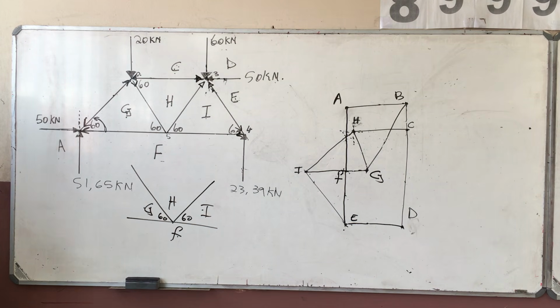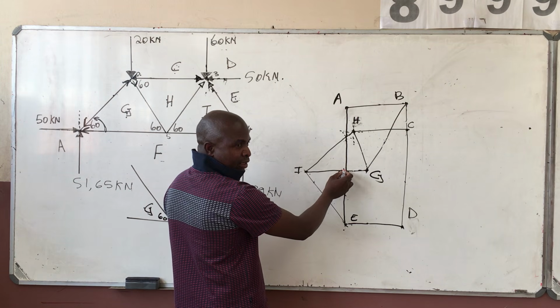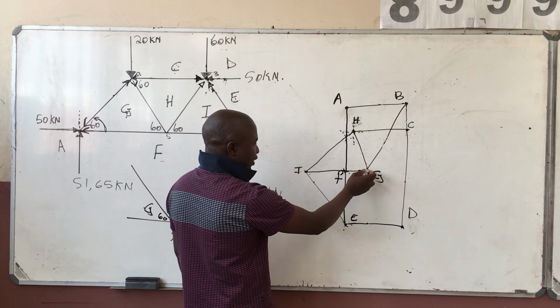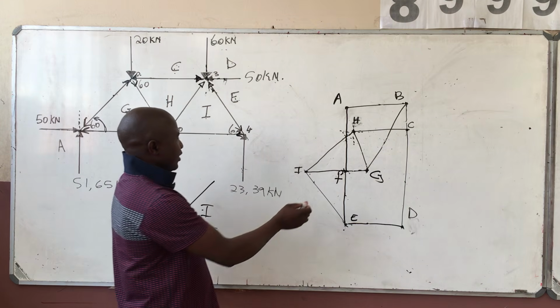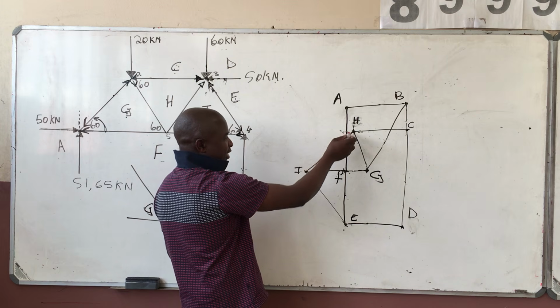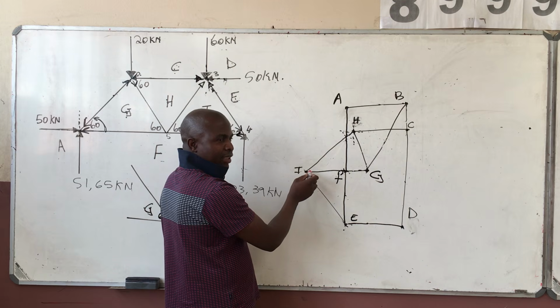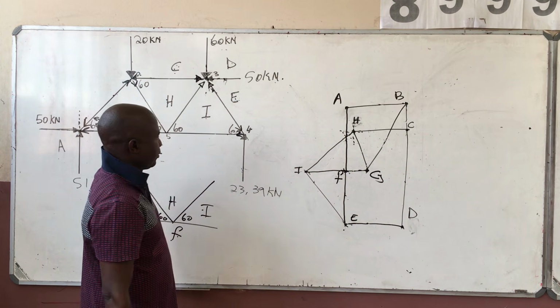FG. Here we have FG, right? After FG, which one comes? GH, right? After GH, HI. Can you see the arrows, as I'm talking with arrows? Then IF.